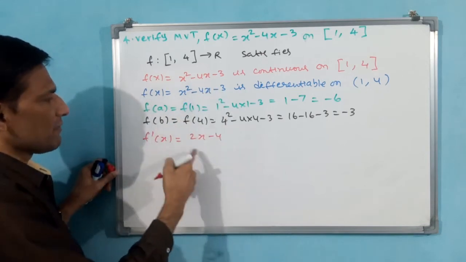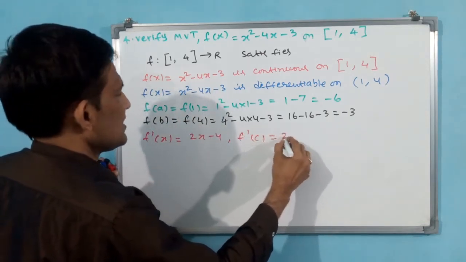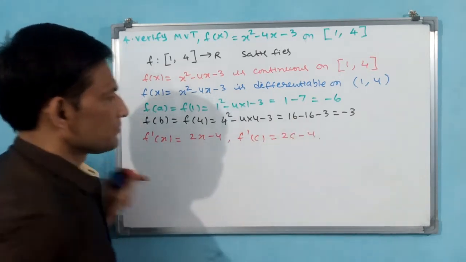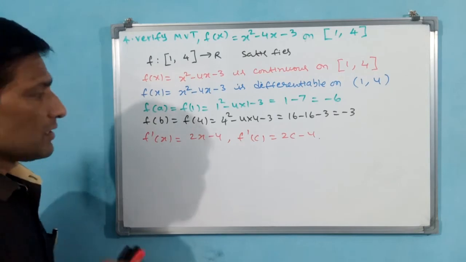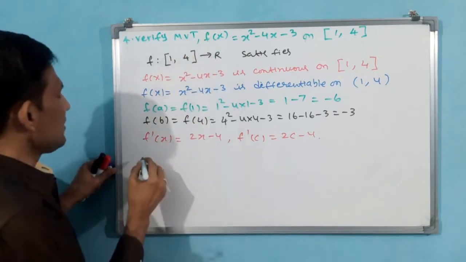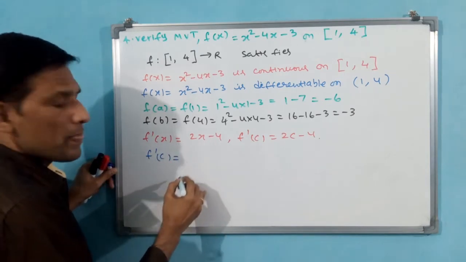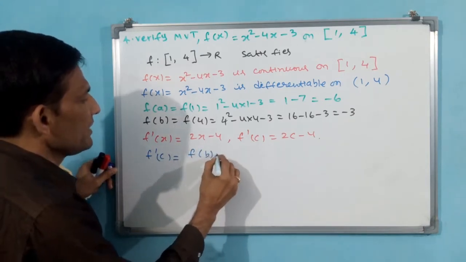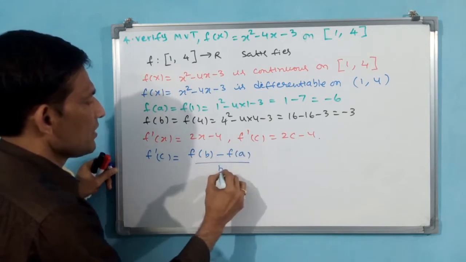Then you write again f dash c is 2c minus 4. Then again you write f dash c according to the mean value theorem: f dash c is equal to f of b minus f of a divided by b minus a.